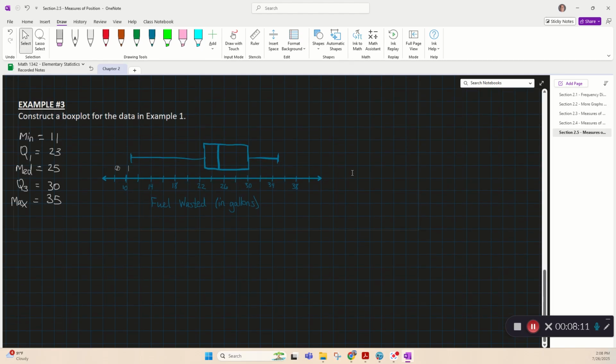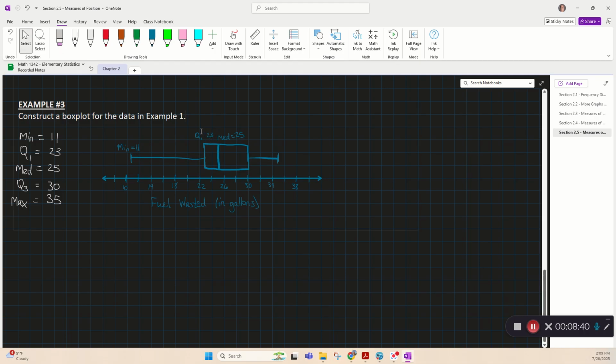What I like to do is label these. Say min equals 11. So if you ever see something where it says draw and label a box plot, what I'm doing now is labeling it. I'm saying what all these numbers are. The minimum is 11. Q1 is 23. The median is 25. This is looking atrocious.